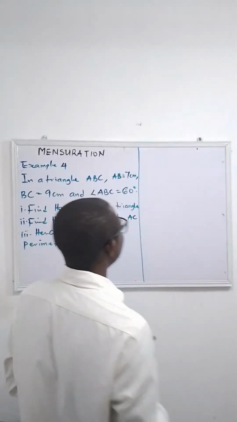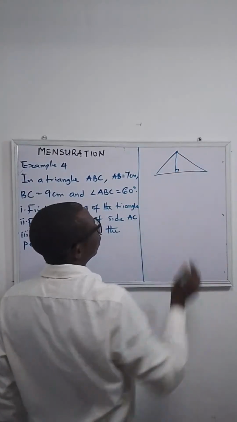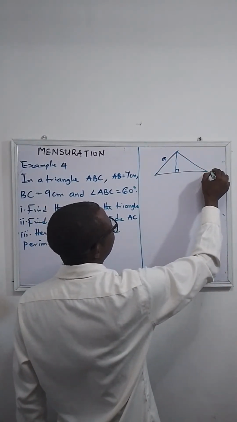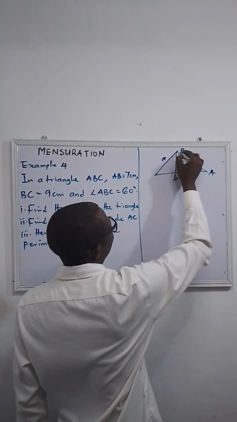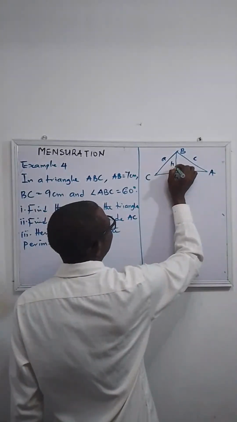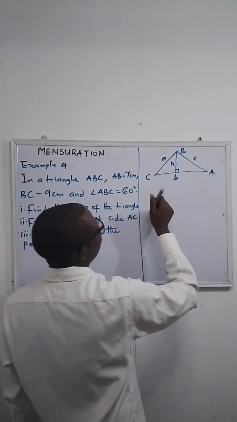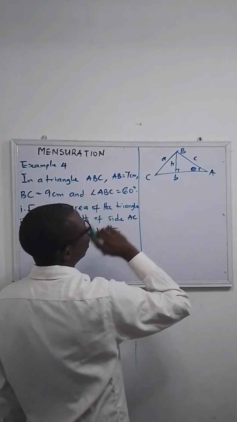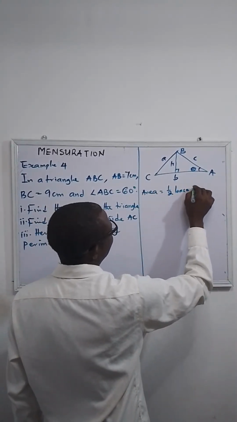If we have a triangle with side a, side b, and side c, and this is the height h, and we are given an angle theta, then the area is half base times height.